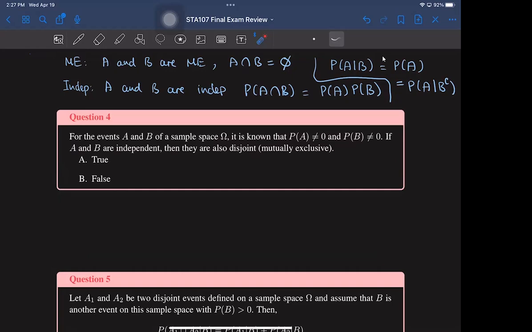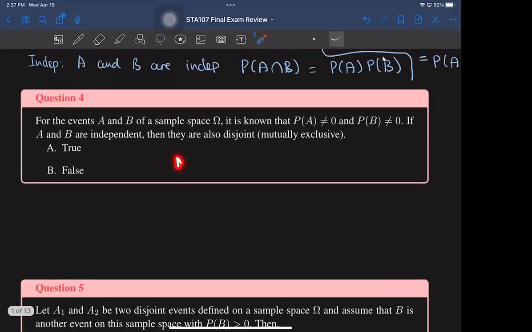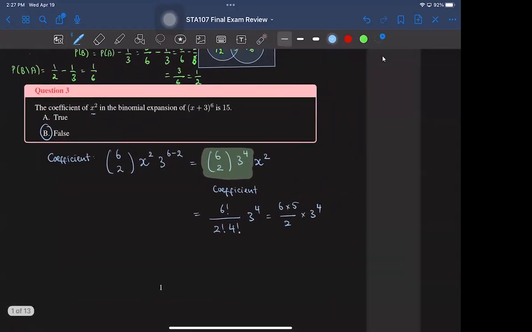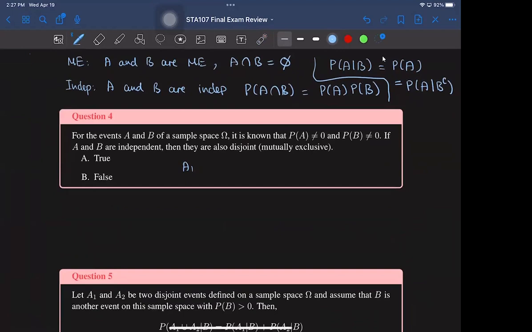If two events A and B are mutually exclusive, it means that when you know A happened, you know that B cannot happen, right? So knowing some information about A actually tells you some information about B. So if A and B are mutually exclusive, then they are not independent.